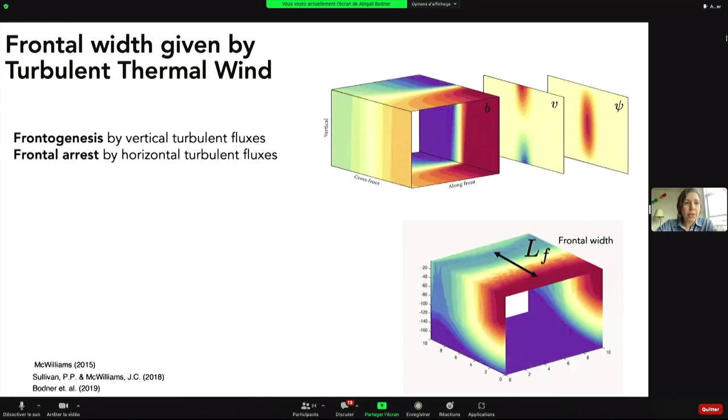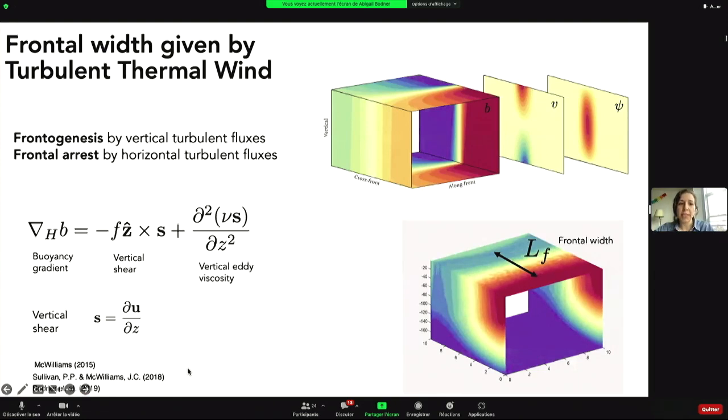So we turn to the turbulent thermal wind balance. This is work that's been recently developing. There are a lot of papers by Jim McWilliams' group and Peter Sullivan, where they study the turbulent thermal wind balance and how it interacts with frontal formation and how it can lead to sharper fronts.